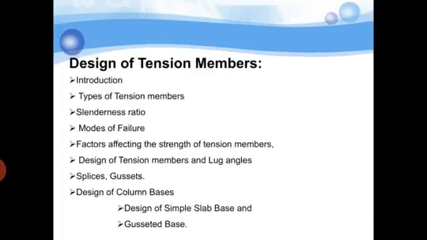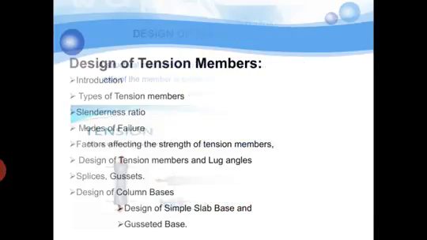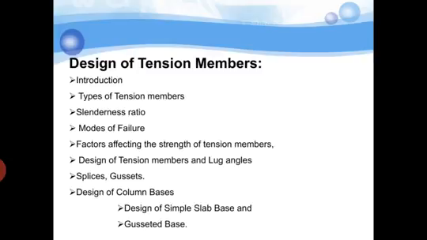So the contents of this module are introduction, types of tension members, slenderness ratio, modes of failure of tension members, factors affecting the strength of tension members, then the design of tension members and lug angles, splices, gussets, design of column bases.